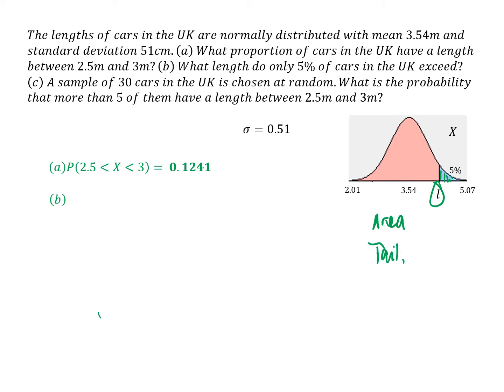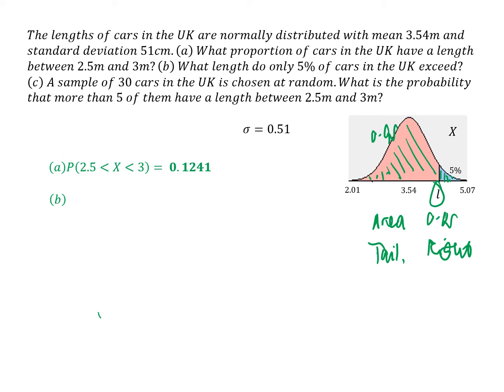If you've got the calculator which asks you just for the area, then that will be the area to the left of the L, which would be 0.95. But if you are allowed to put in the tail, you could put the area of 0.05 and the right tail. So you've got those two choices depending on what calculator you have.